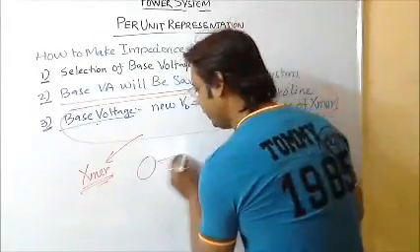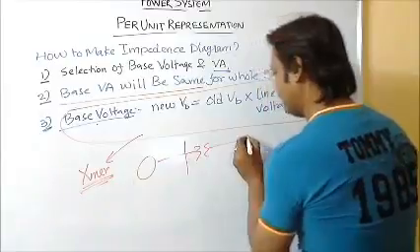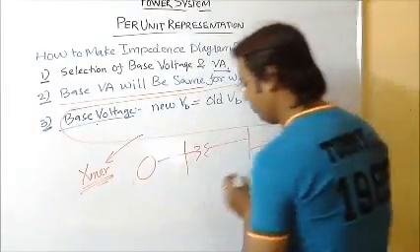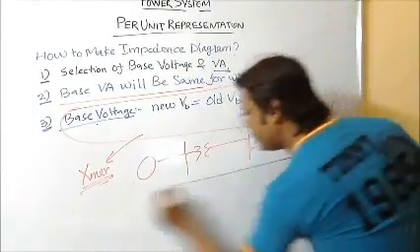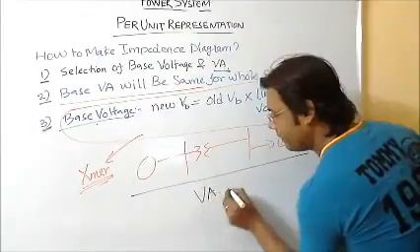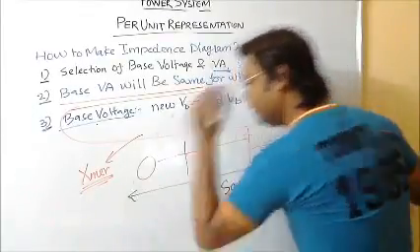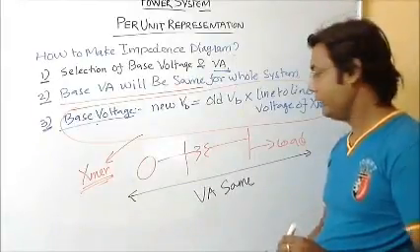Suppose there is a generator, then the tie lines, and a transformer is coming, then the load, like this. For the whole system, as we have discussed, VA will be the same. From here to here, the VA rating will be the same. There will not be any change.